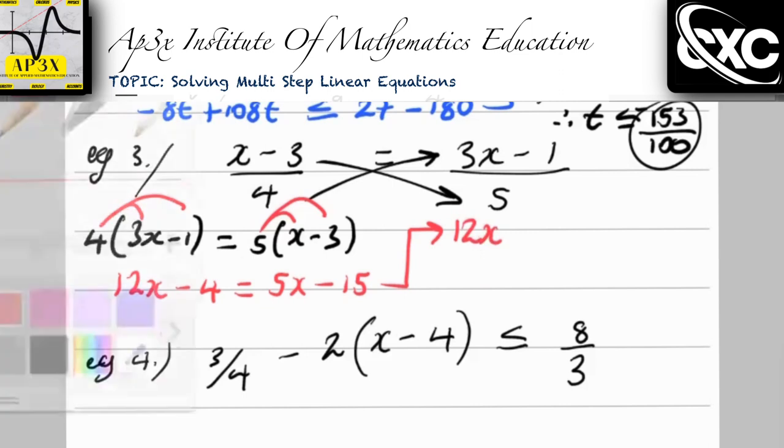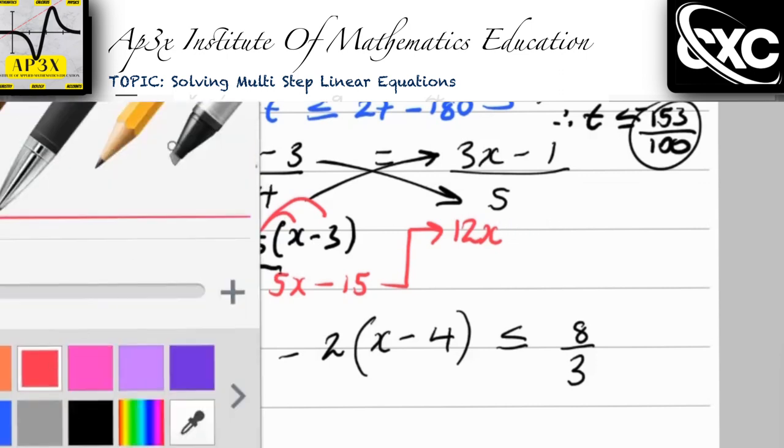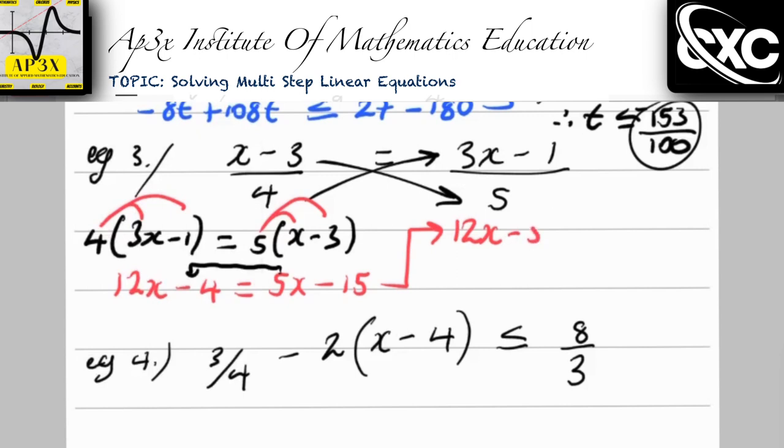So I'm going to transpose the 5x over here. Okay, so I'm going to have 12x, take away 5x, and that's going to be equal then to negative 15. Negative 4 goes over, becomes positive 4. So 12 take away 5, that's going to give me 7x.